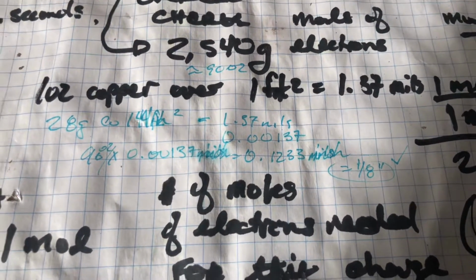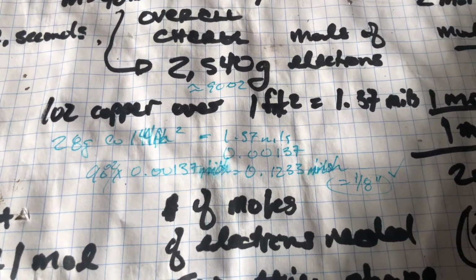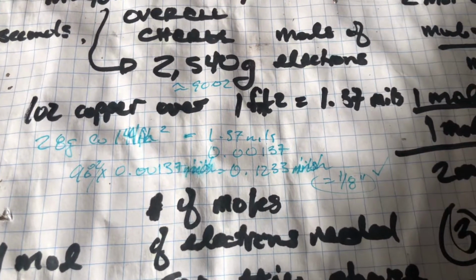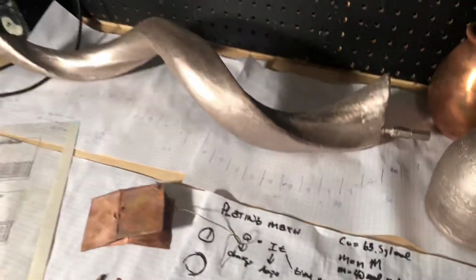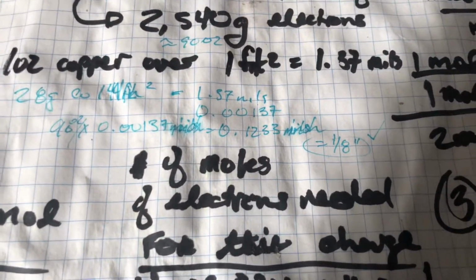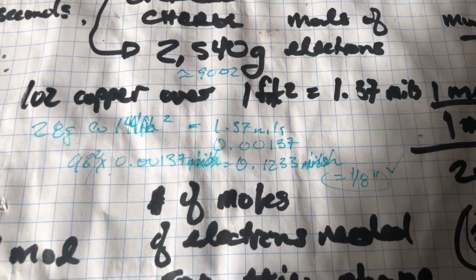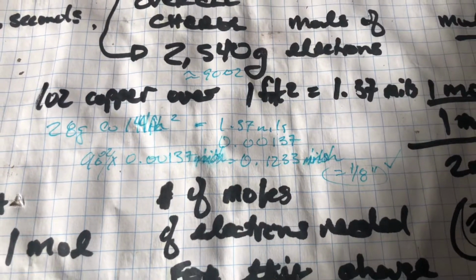I'm not sure. I will only know through experimentation if this is true, but if you take 1 ounce of copper spread over 1 square foot, or 144 square inches, for the sake of making the math simple, 1 ounce over 144 square inches will give 1.37 thousandths of an inch.